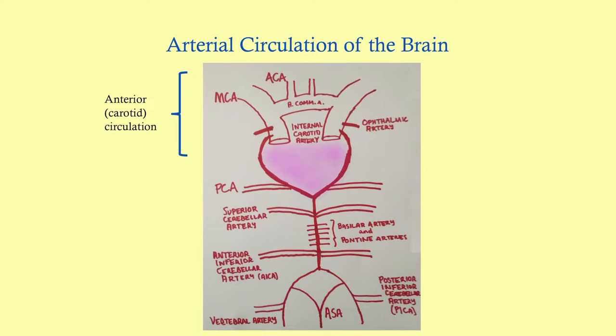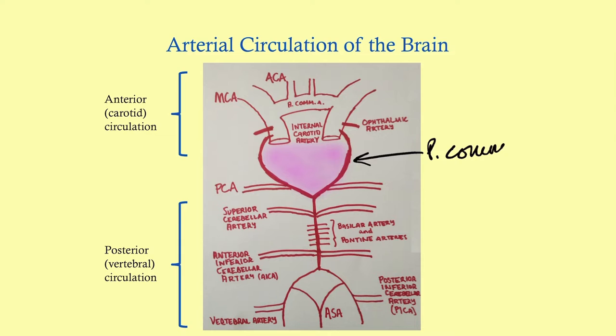So let's start. So we have the anterior circulation here and the posterior circulation down here. And notice that they are connected by these anterior and posterior communicating arteries. These are the posterior communicating arteries. And it's the posterior communicating arteries that will join the anterior and posterior circulation.